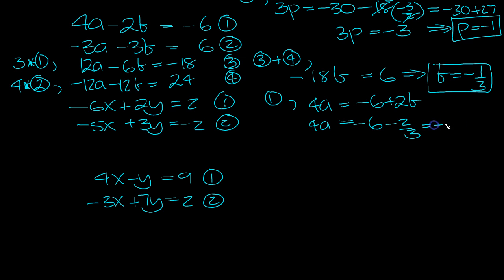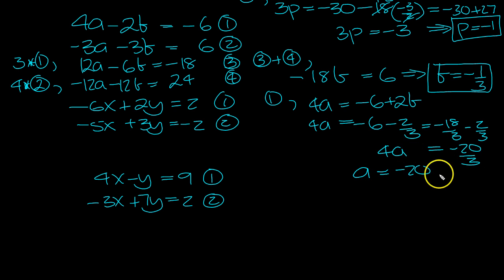This is minus 18/3. Minus another 2/3, isn't it, if we write the equivalent fractions. So 4a is equal to minus 20 over 3. So a will equal minus 20, I'll bring the 4 down to be with the 3 underneath. And 4 goes into 20 5 times. So it's equal to minus 5/3.